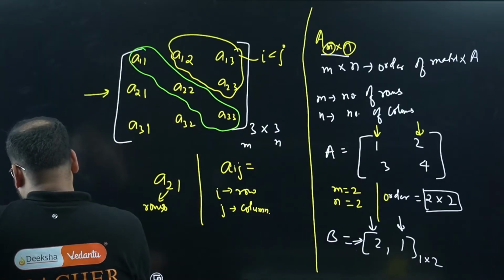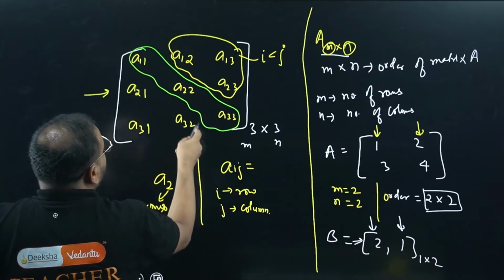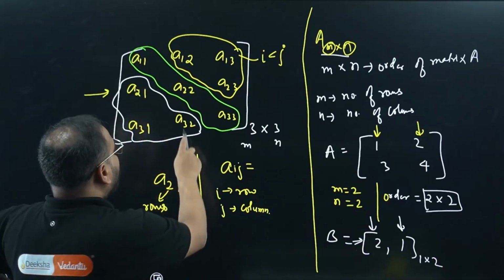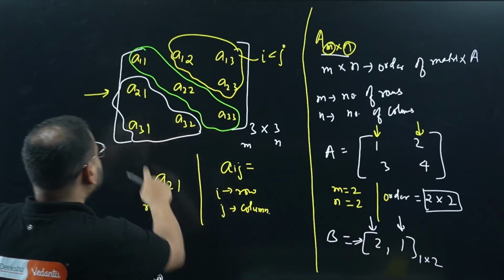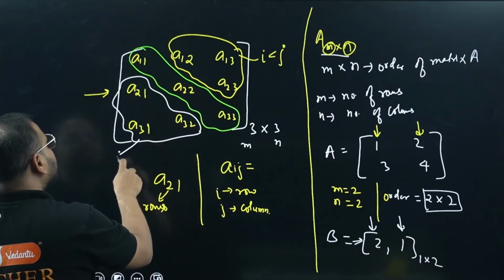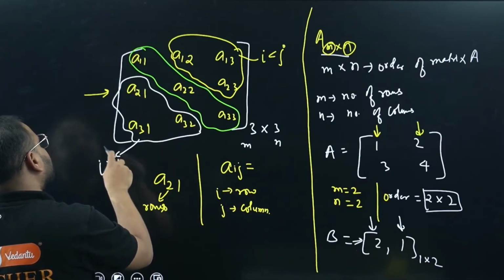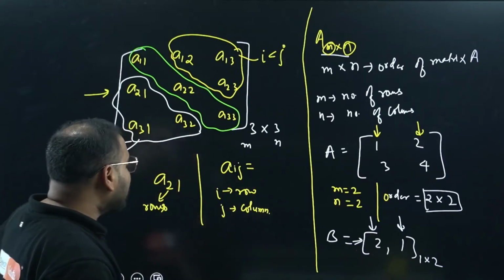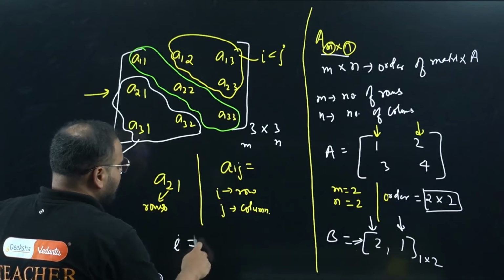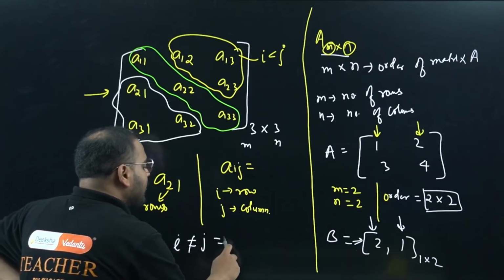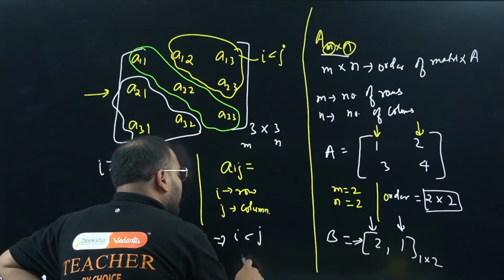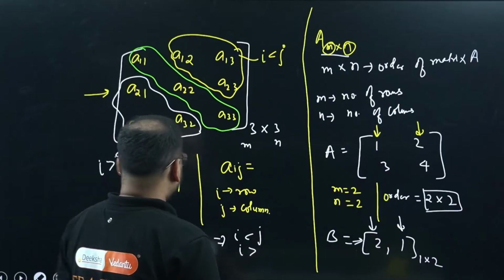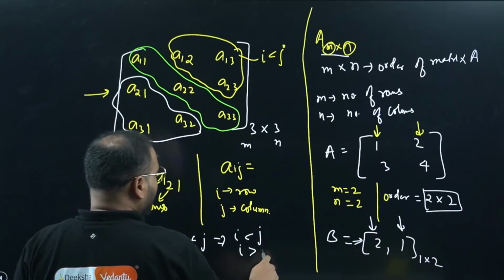But if you look at these elements, i is 2, j is 1; i is 3, j is 2; i is 3, j is 1. This is the case where i is greater than j.